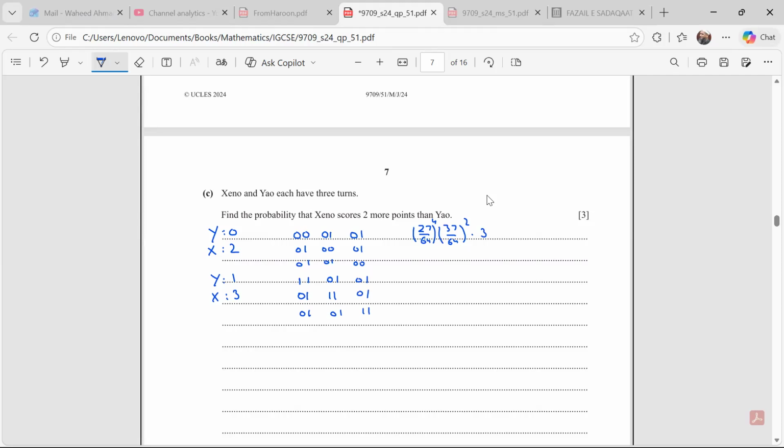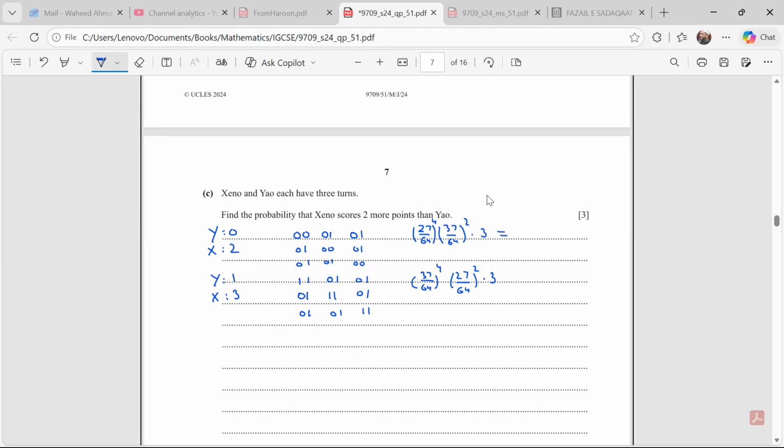Now what's the probability of this event? This has 1, 2, 3, 4 successes, so it is (37/64) to the power 4, and 2 failures, so (27/64) to the power 2. Make sense? Since there are three possibilities, multiply by 3.